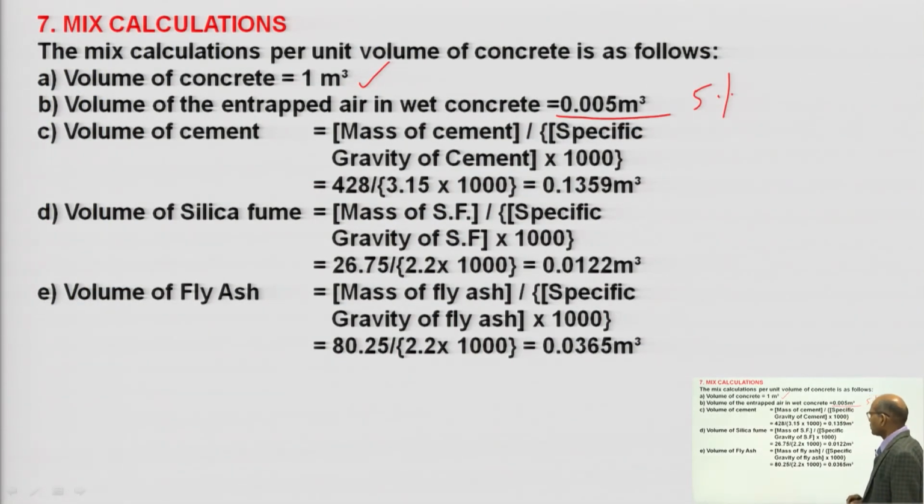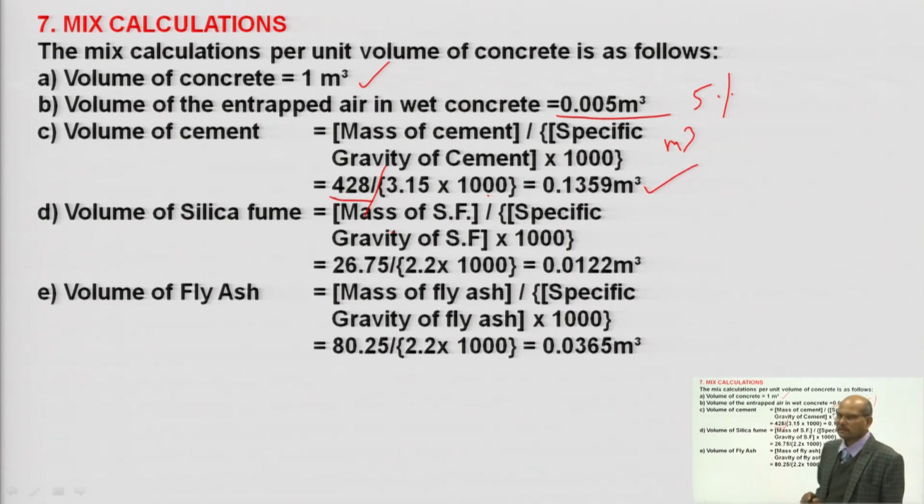Okay. The volume of cement is given by the mass of cement divided by the specific gravity of cement, divided by 1000, in terms of meter cube. Our cement quantity is 428 divided by 3.15, the specific gravity of cement, then divided by 1000, which gives 0.1359 meter cube.